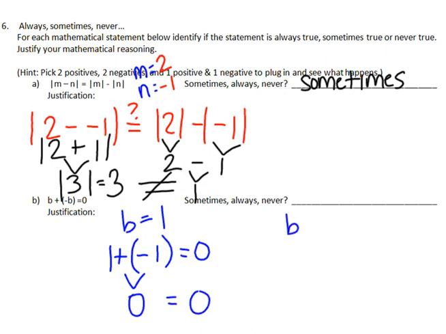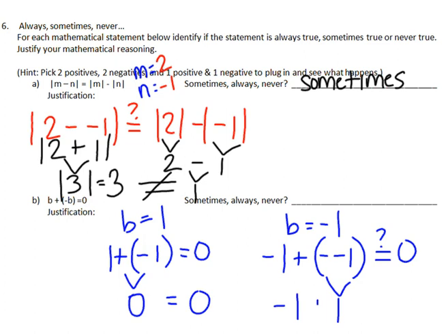Okay, if b equals negative 1, then we would have negative 1 plus negative negative 1, and we're deciding, is that equal to 0? Okay, negative negative 1 means the opposite of negative 1, which would be 1. So we have negative 1 plus 1, and that is equal to 0.